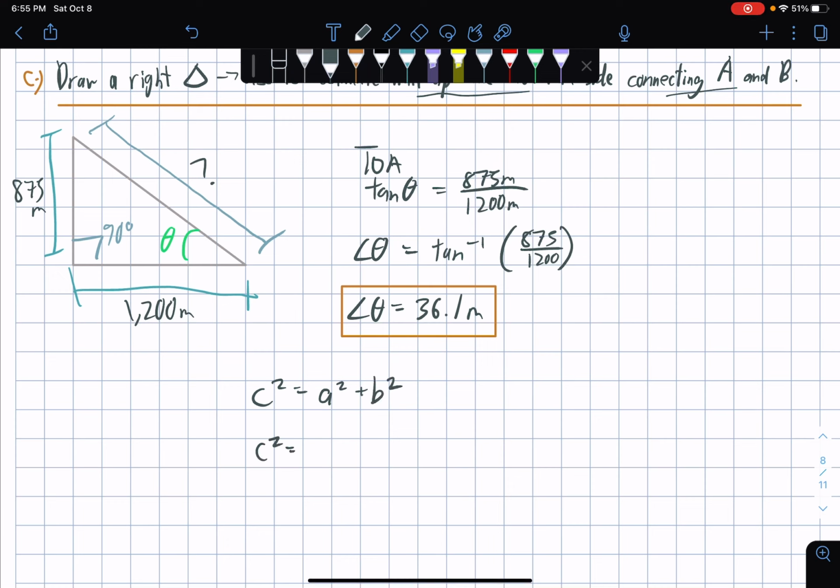Hypotenuse is missing. Let's say this is A, this is B. So 1200 raised to 2 plus 875 raised to 2. So put those values in the calculator. It's better if you square root these already.